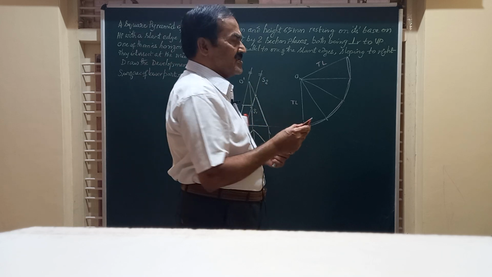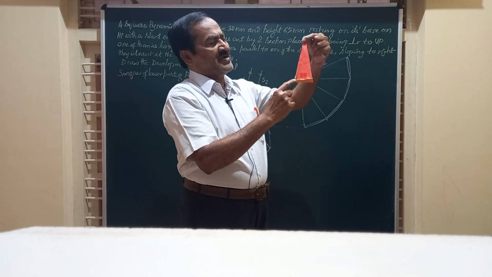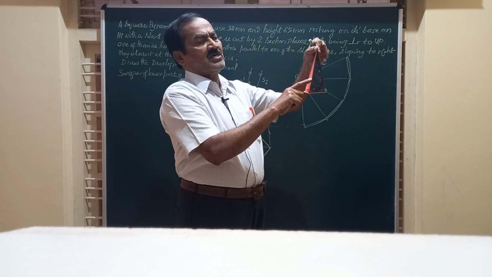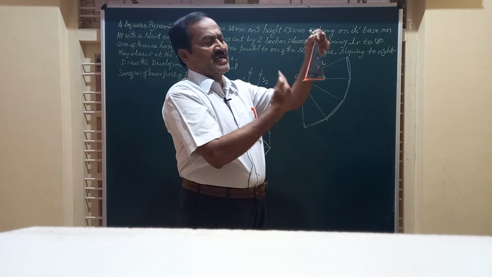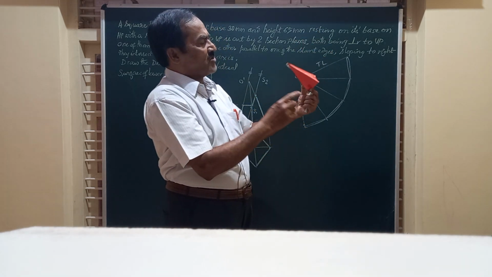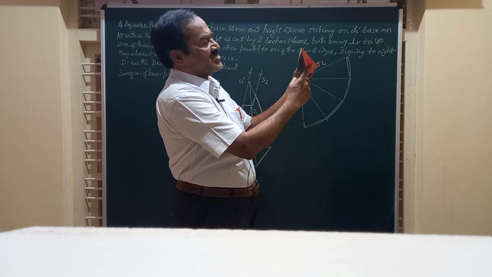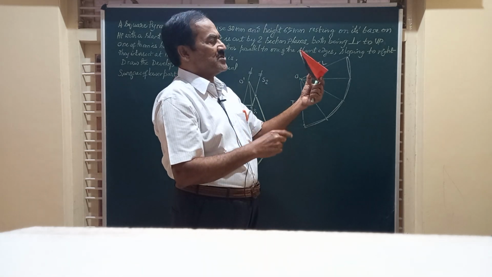So, friends, first of all, let us see how this pyramid is. It is a square pyramid having four triangular faces on its lateral surface, a square base. And if you observe the top view, friends, you have got four slant edges: OA, OB, OC, OD.